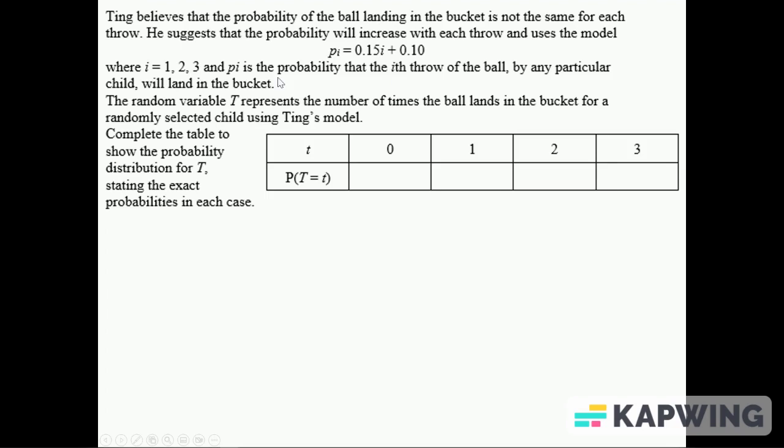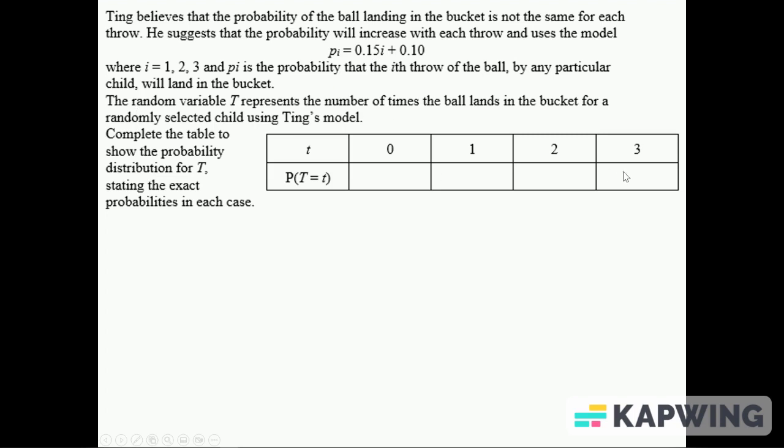The language, I think, is quite difficult. p_i is the probability that the ith throw of the ball by any particular child would land in the bucket. And you've got to translate it a bit, really. But he's basically saying it's going to be 0.25 for the first throw, and then it'll increase by 0.15 for the second throw, and increase by 0.15 again for the third throw.